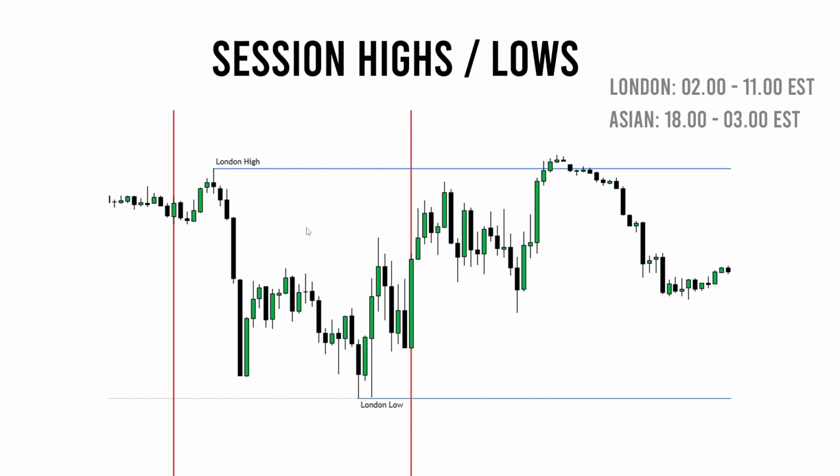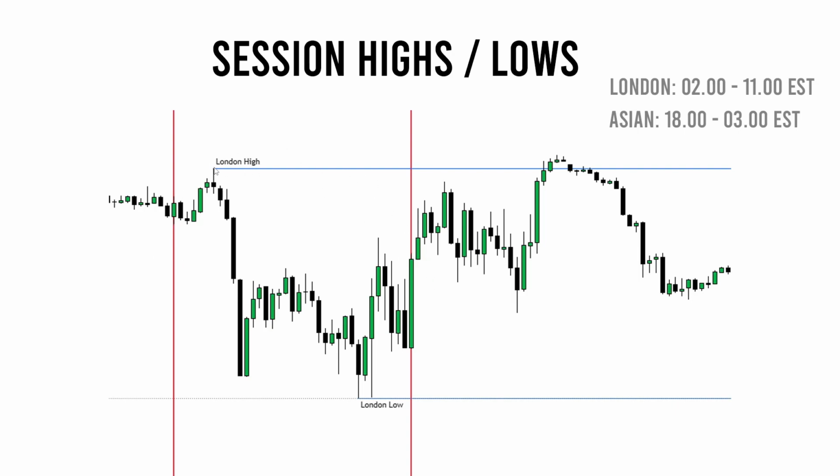So in this scenario, I have decided to give you an example of the London session, which is from 2 a.m. to 11 a.m. EST. So what you would do is draw out 2 a.m., which is this red line. That's what that represents. That's 2 a.m. Then the other red line, which represents 11 a.m. And everything in between is the London session, right?